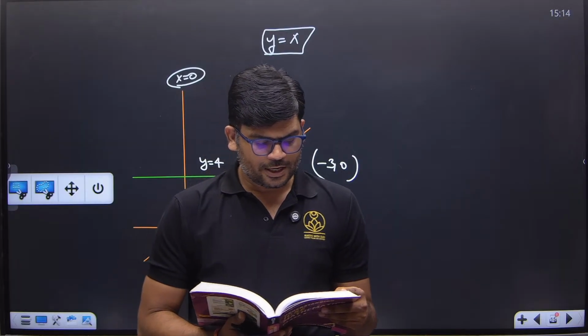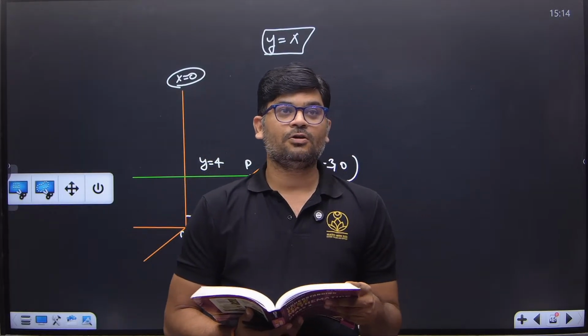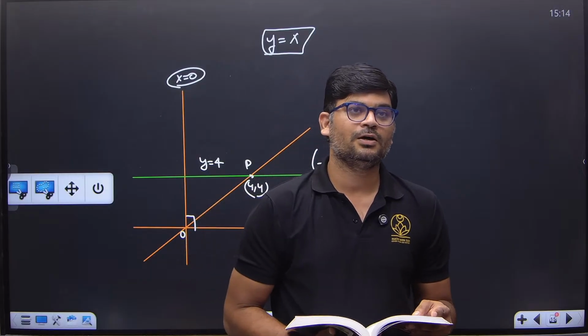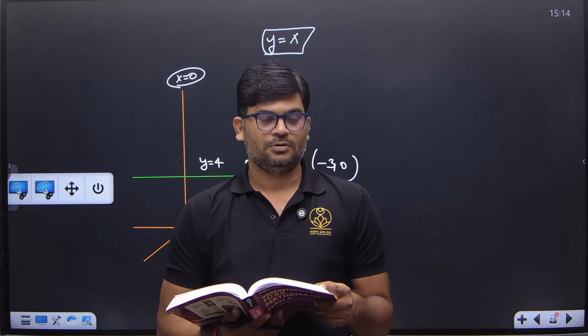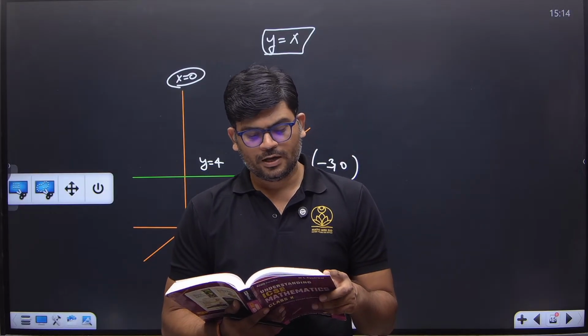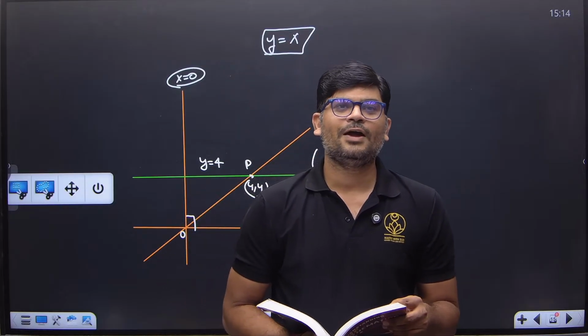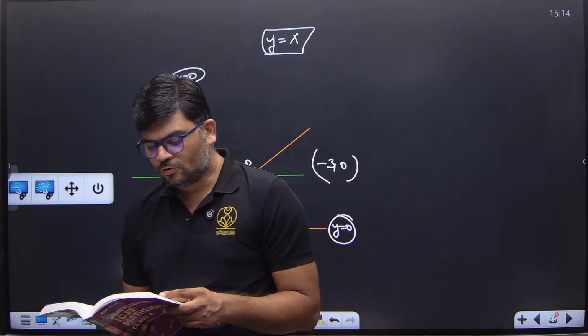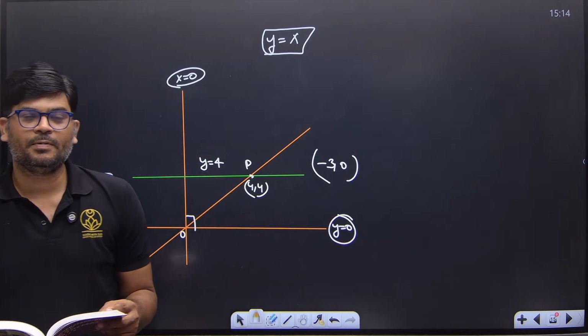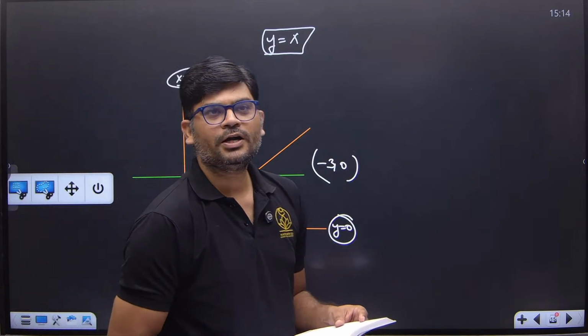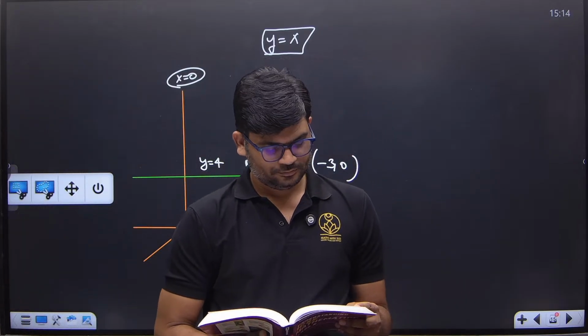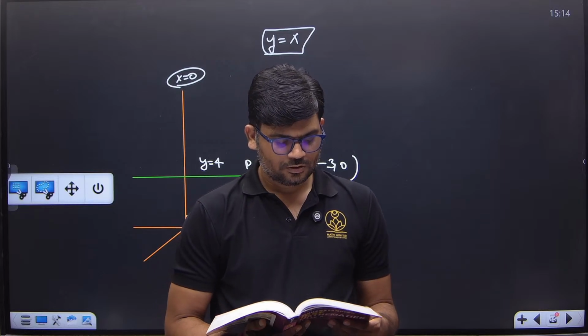But for midpoint, I don't know whether you know about coordinate geometry or not. Section formula, midpoint formula. You know the midpoint formula? I just have to revise. You have to add both the x coordinates and divide by 2, and the y coordinates and divide by 2: x1 plus x2 by 2, comma y1 plus y2 by 2.